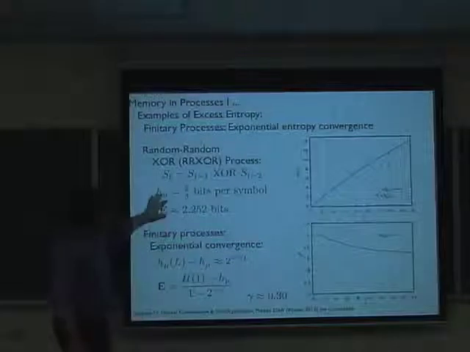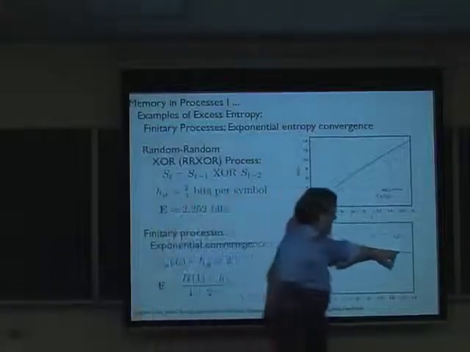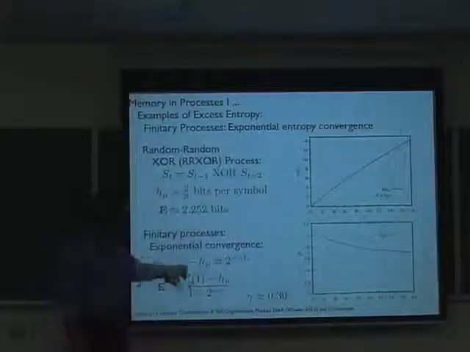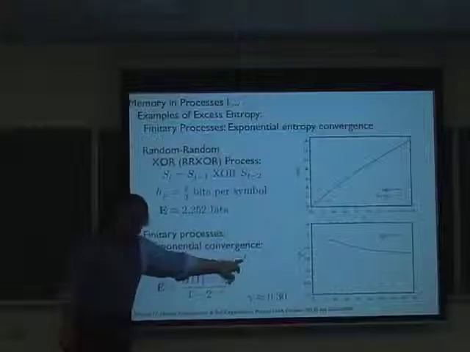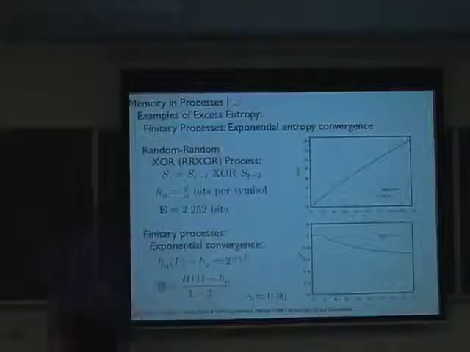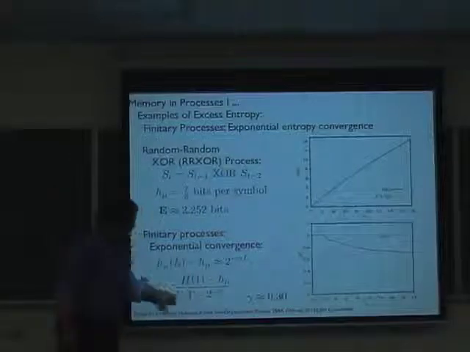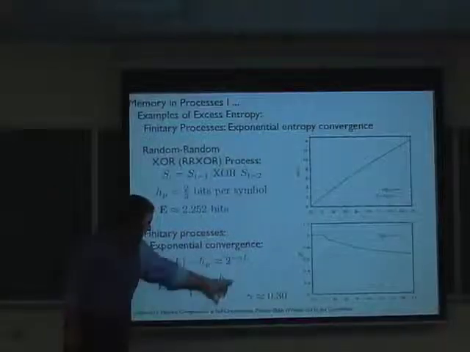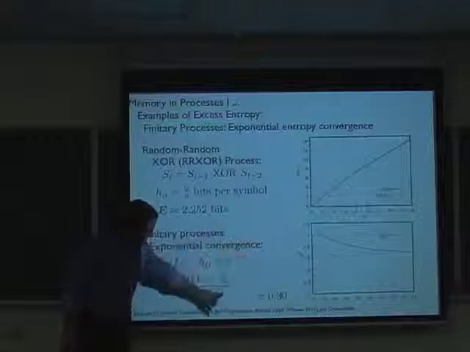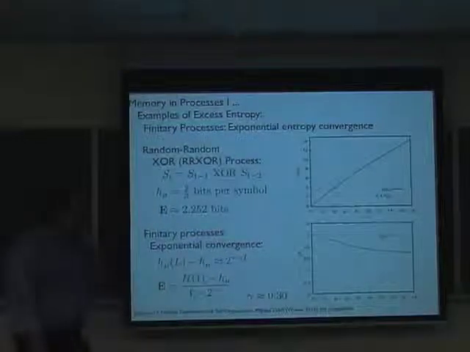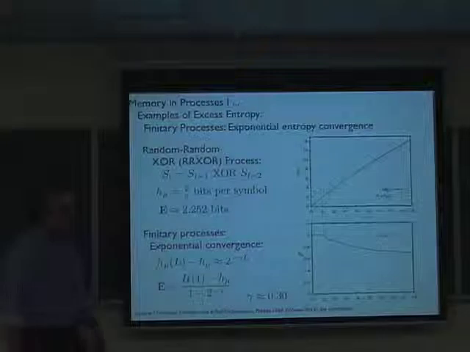And then in that case, you can show that this entropy convergence curve decays, just under that one assumption, exponentially fast with some exponent. Or you can actually write down a sort of finite formula for it in terms of this exponent. If you estimate the decay rate from that, then you can get an expression for E. For random XOR, it's about 0.3.